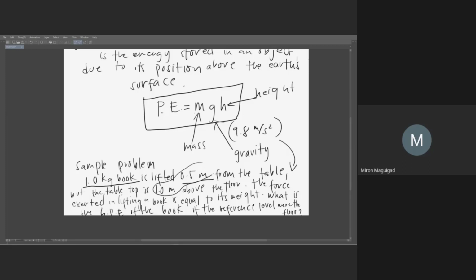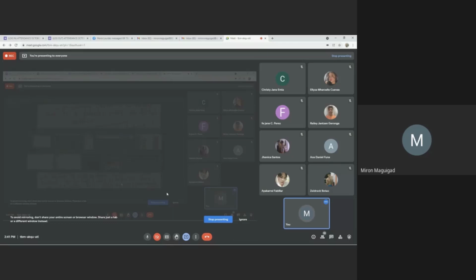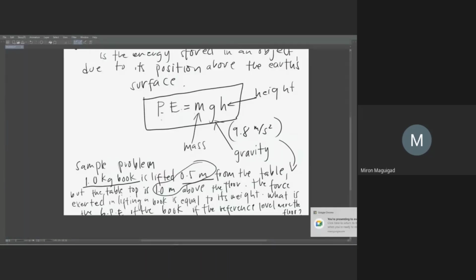Are you following? Yes po, sir. If the reference level were not the floor and we were using only the tabletop as the reference, we would have this height of 0.5, because the tabletop is the reference. But the question at the end asks for the GPE if the reference level were the floor.